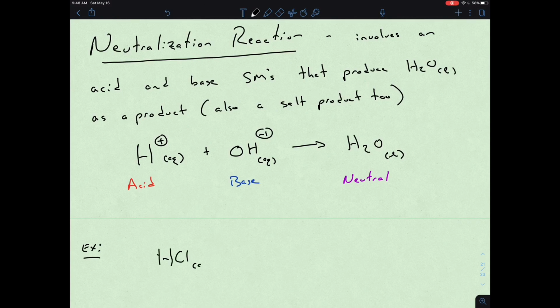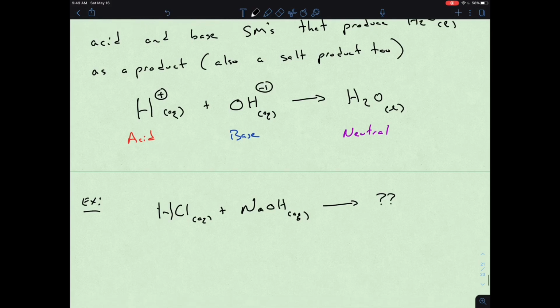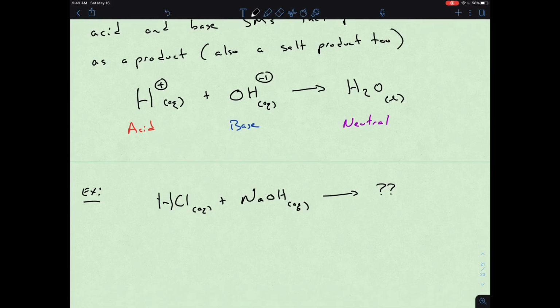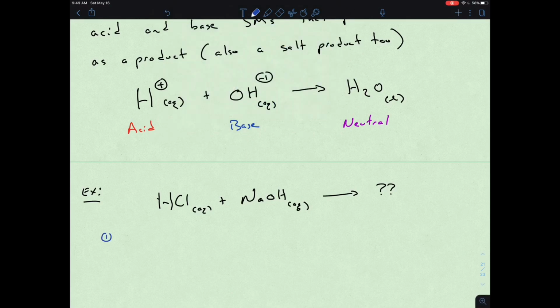So hydrochloric acid plus sodium hydroxide produces what? And so this is very similar to the precipitation reaction, where one, we represent the dissociation into ions for those starting materials.